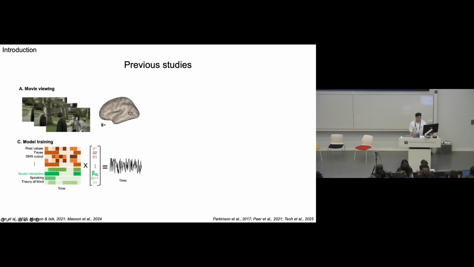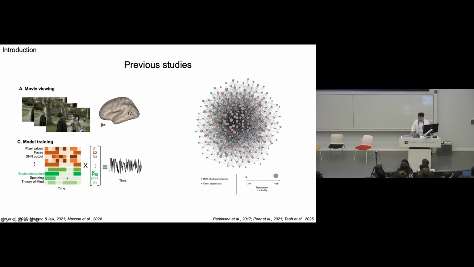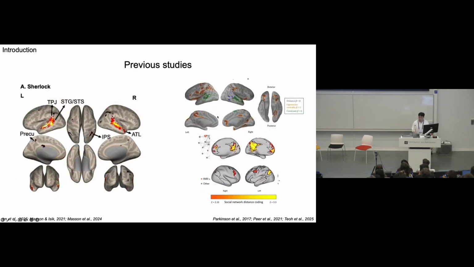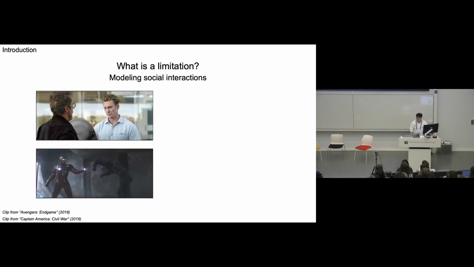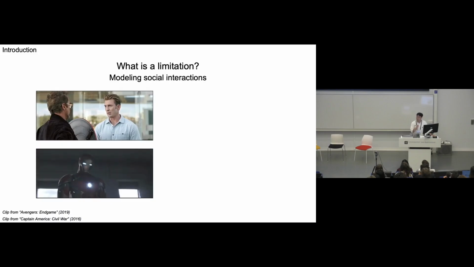Neuroscience has also adopted a similar approach, binary coding social interactions in the movie and using them to predict brain responses. Other studies examined whether the brain represents unidimensional distance of social network, focusing on areas like the temporal lobe and the precuneus. But this approach has a key limitation. Do these scenes feel the same to you?